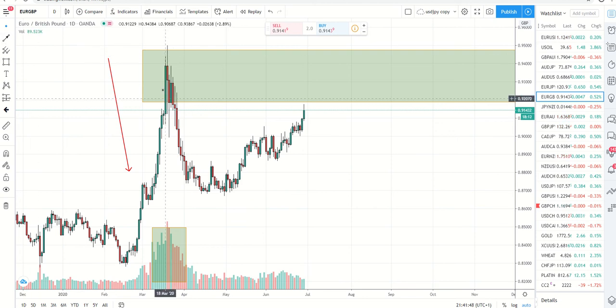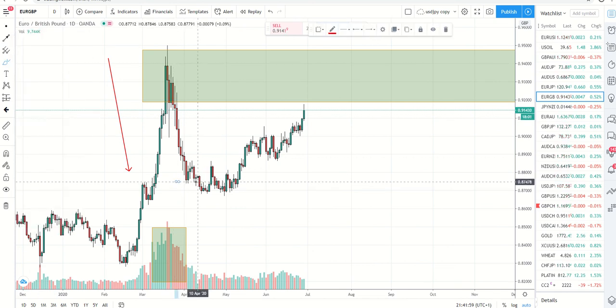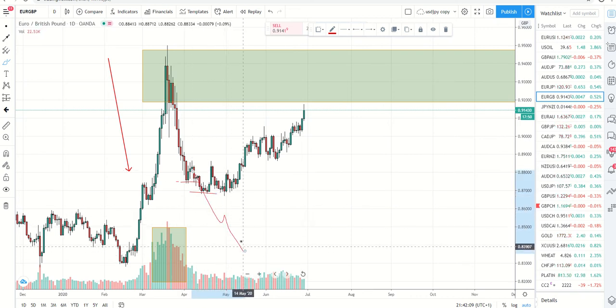So we've come down. We've got a pullback. We've come back down again, but we didn't have that strong momentum taking us further down.